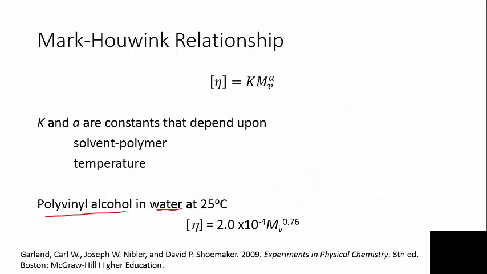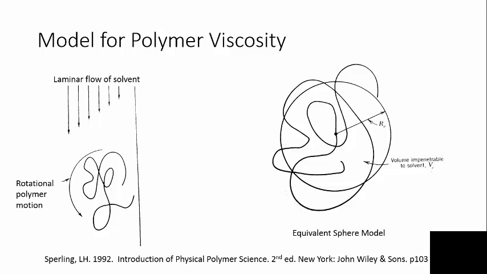Where does this relationship come from? It comes from this model that actually is based on a relationship that Einstein developed for the viscosity of a mixture of a fluid with hard spheres.